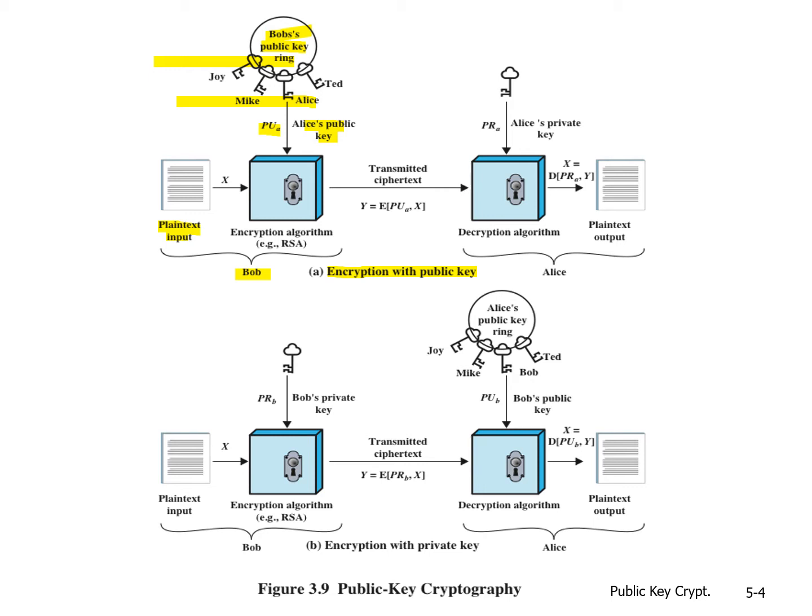And then ciphertext is transmitted to Alice. So this plain text is encrypted using Alice's public key.